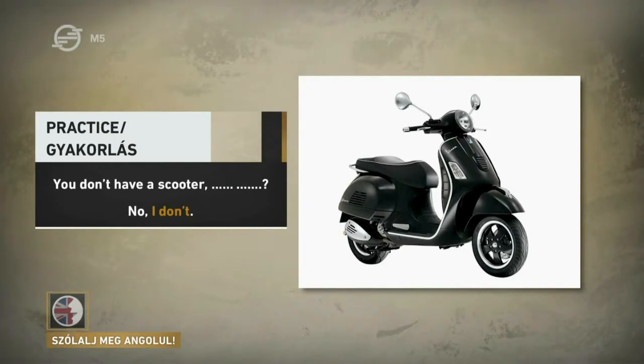Yes. And the sentence is in the present simple, which means that the question tag uses the verb do. So the correct question tag is do you? You don't have a scooter, do you? No, I don't. Okay, good.